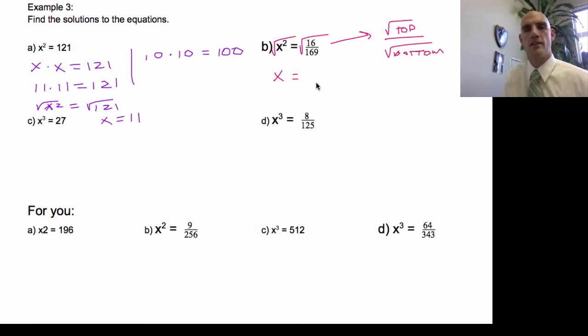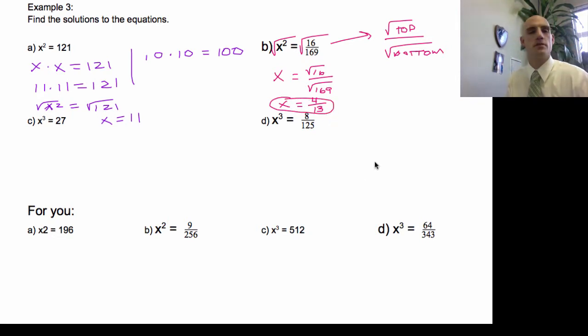And I'm going to make that a fraction. So the square root of 16 over the square root of 169. The square root of 16 would be 4, because 4 times 4 is 16. And the square root of 169 is 13. So x is 4 over 13.